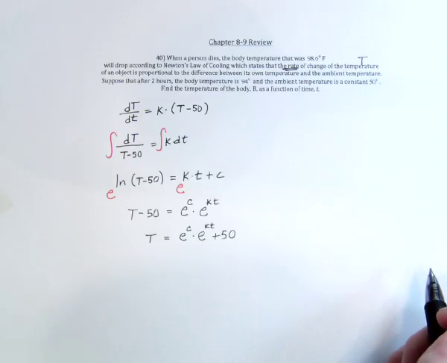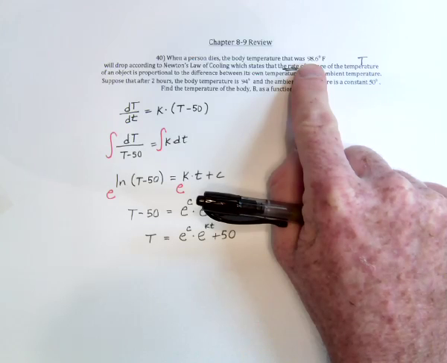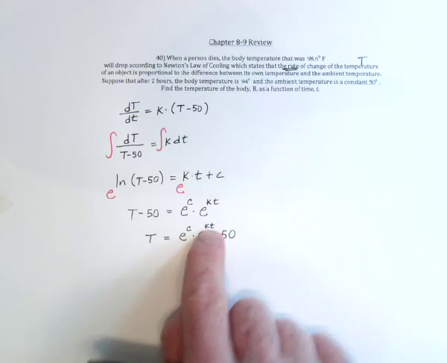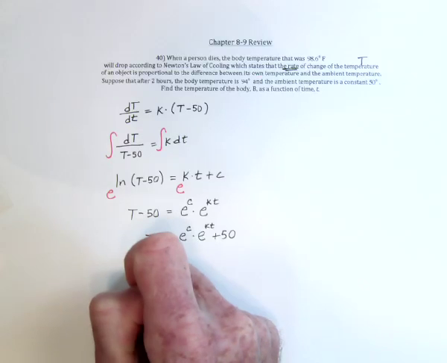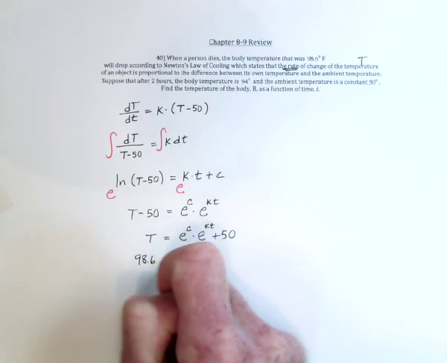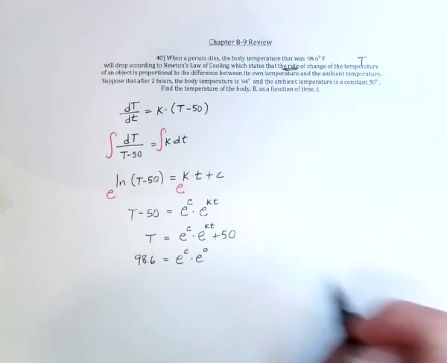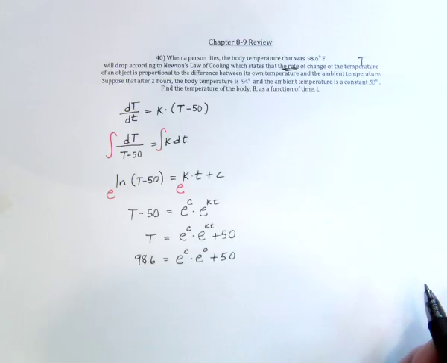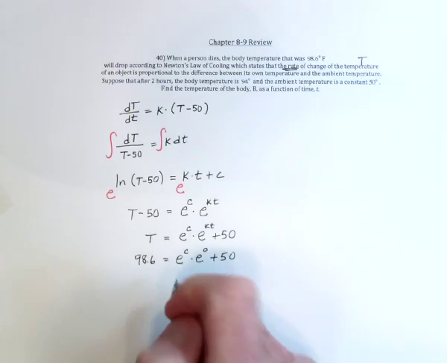So we need some information like, when the person dies, their temperature was 98.6, which means when time is equal to 0, this temperature is 98.6. So if the time is equal to 0, this gives us e to the 0. E to the 0 is 1, so that just leaves e to the c.